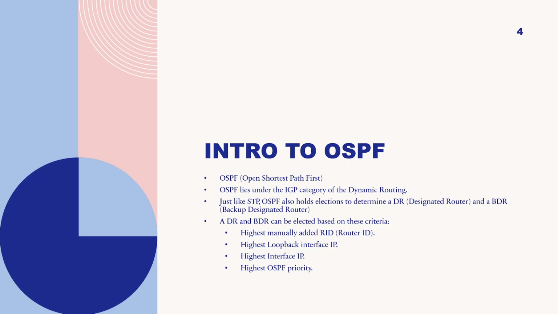If that is not added, if our RID has not been configured, the highest loopback interface IP will be made the RID, and the election will be held again. And if a loopback interface has not been set, the highest interface IP will be used as the RID. So that's some of the ways that OSPF works. I'll show you how OSPF works in a second.